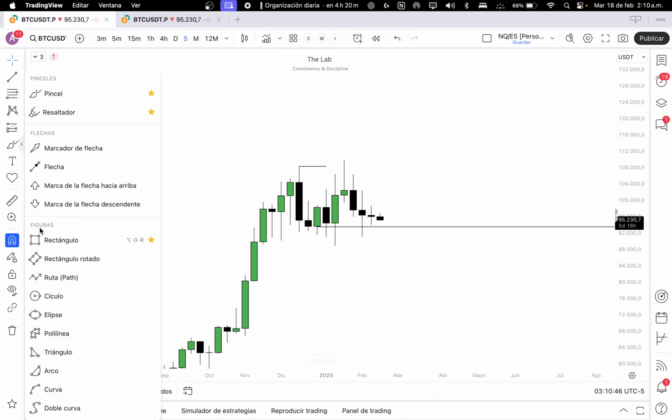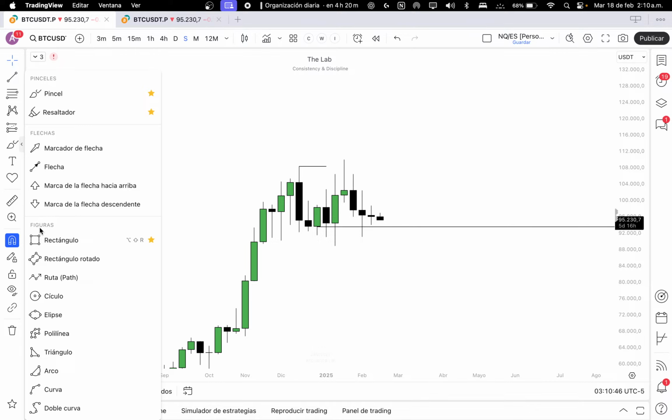And if you see here, we are basically creating this volume imbalance. You see these wicks here? This is not exactly a fair value gap, but I do consider this as an inefficiency and something that I often use as a higher time frame array for either bullish or bearish price action.